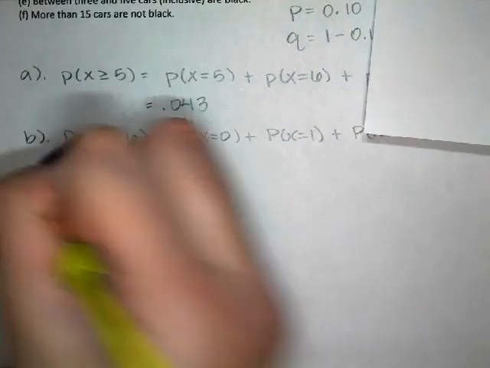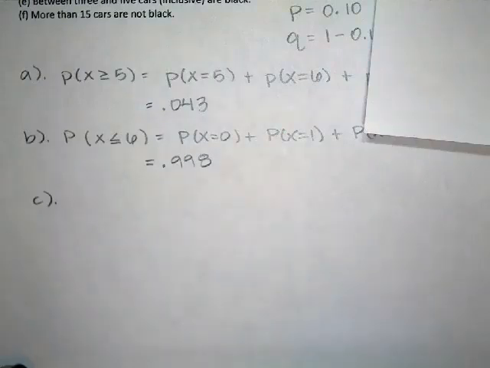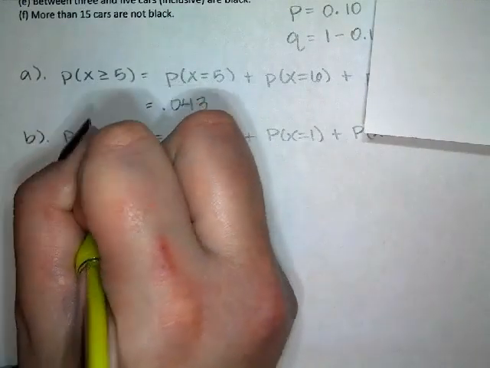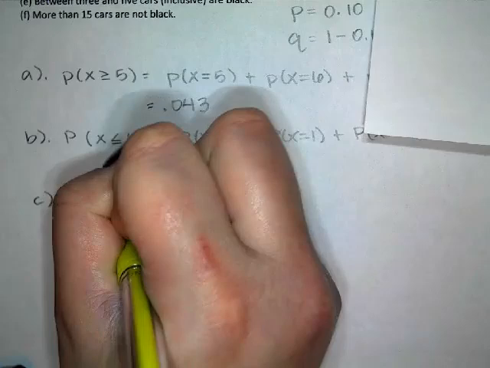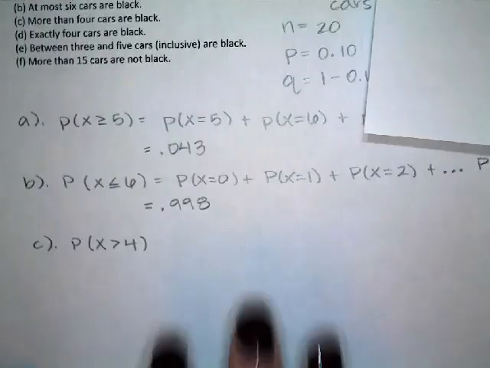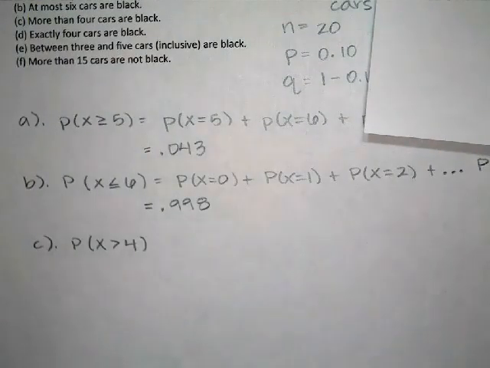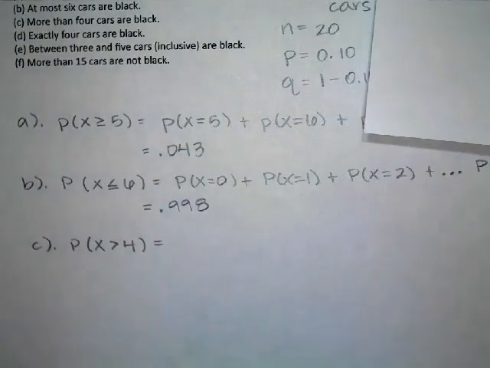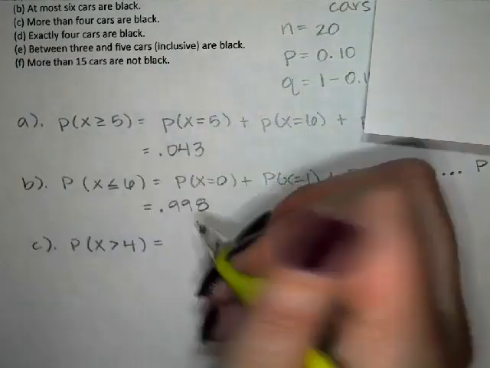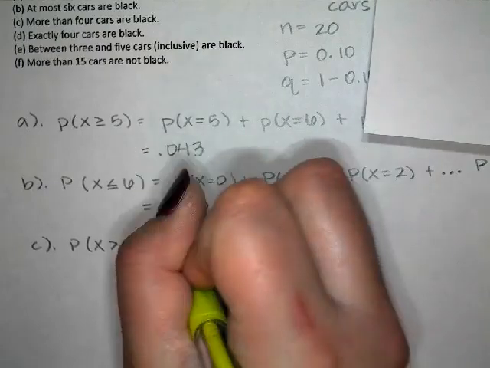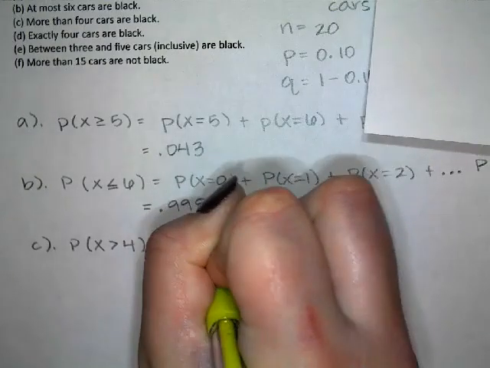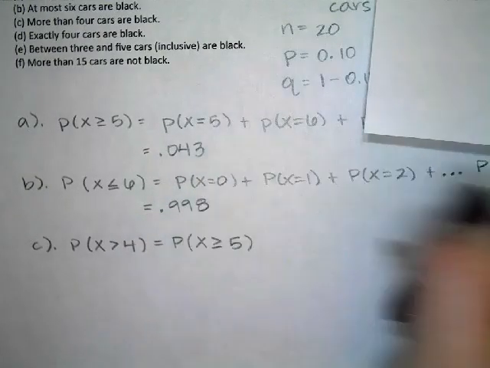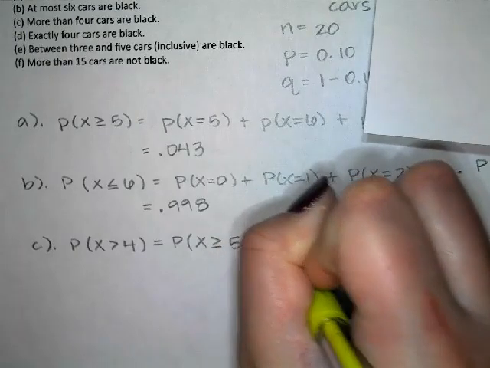Okay, C says more than 4 cars are black. More than 4 cars would be like 5 cars, 6 cars, 7 cars, 8 cars. We actually did that already. This is exactly the same as part A. More than 4 cars is the same as saying that the probability is greater than or equal to 5, so we found that number already.